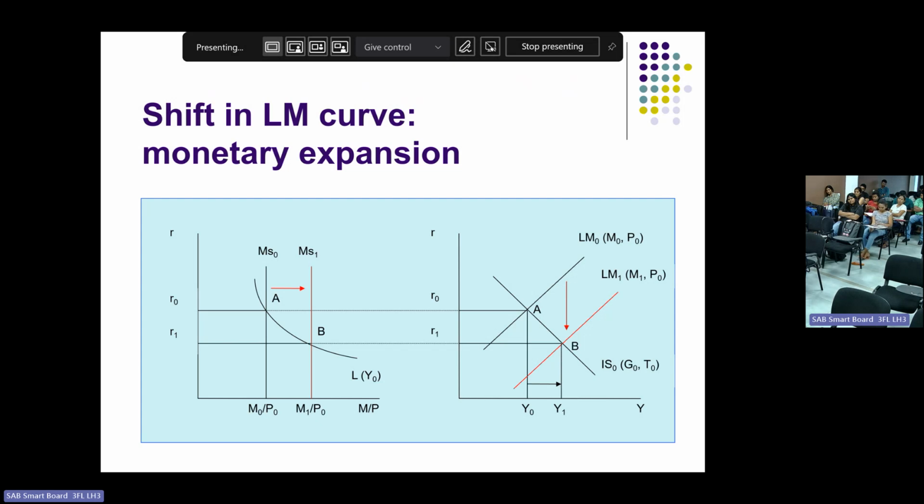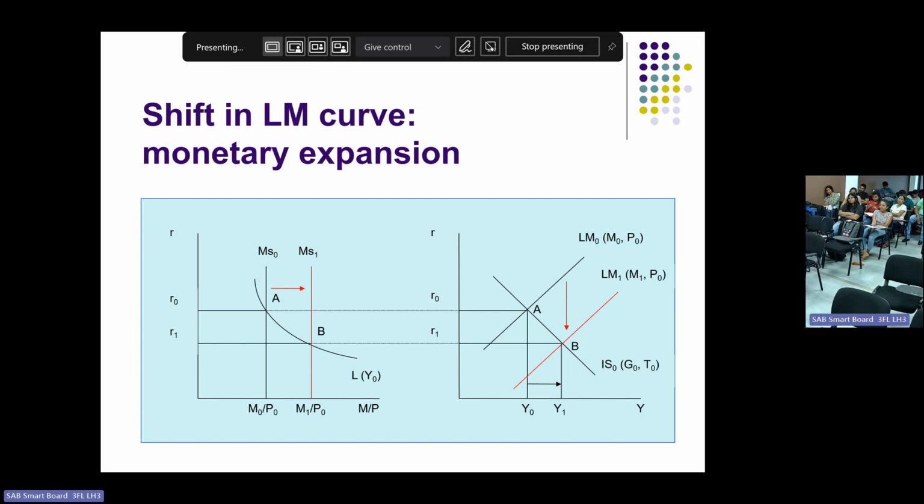So this is due to the rise in the money stock from M0 to M1, under the expansionary monetary policy of the central bank. There's an excess money supply created in the money market, because money demand does not change.